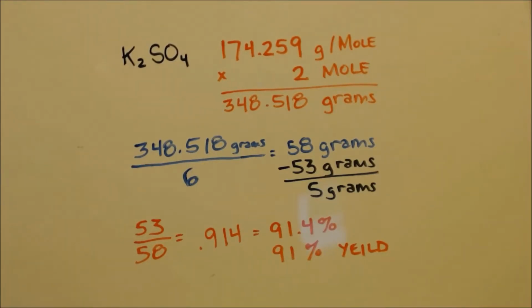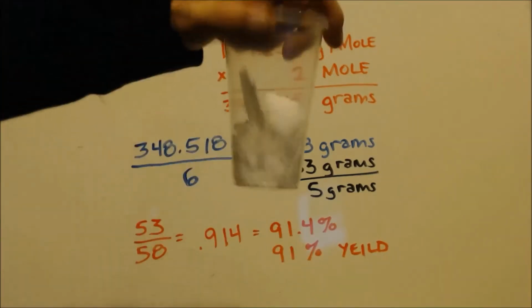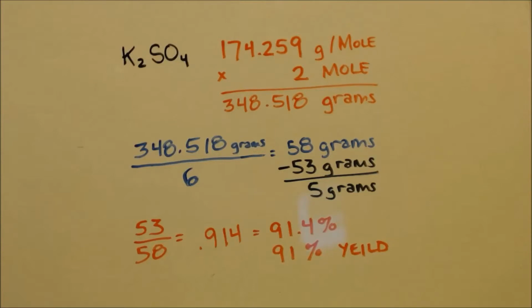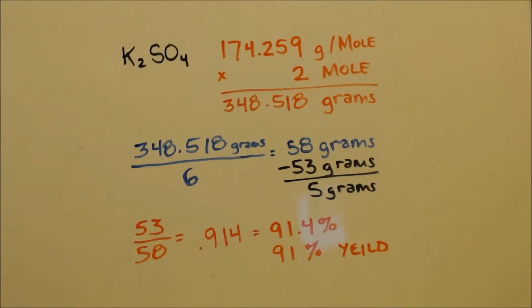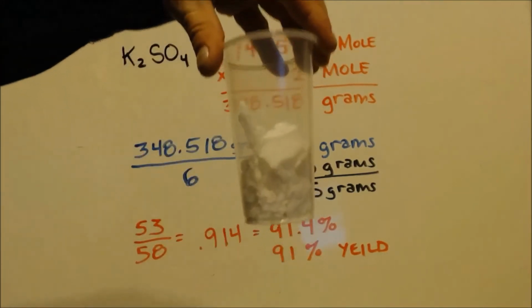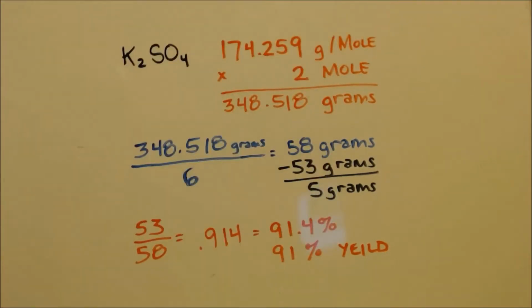So I divided this by 6. I get 58 grams. That means I should have 58 grams here. I have 53. So that's 5 short of what I should have. If I divide 53 by 58, it's 91%. So I got a 91% yield on my potassium sulfate.